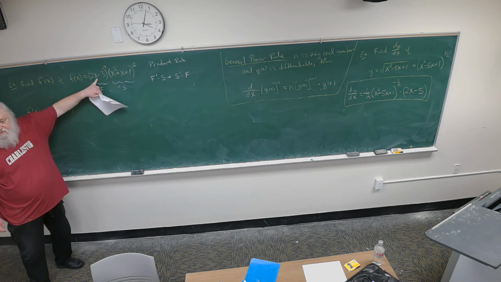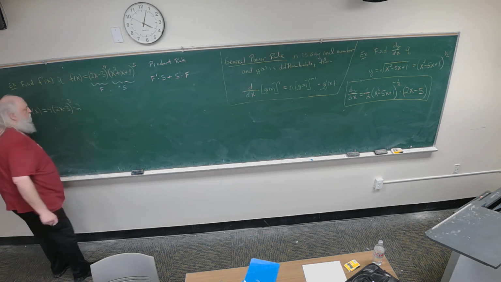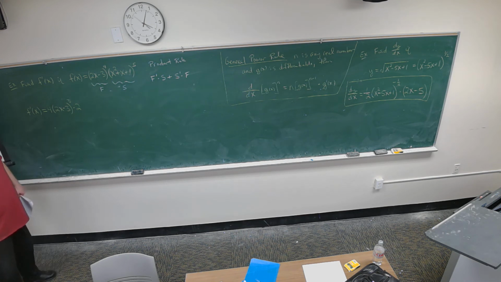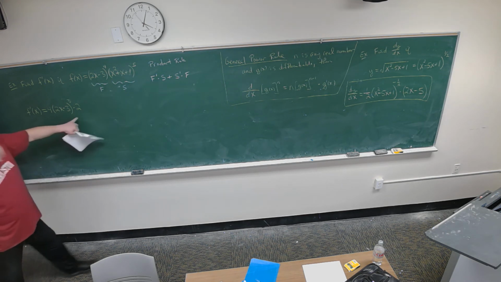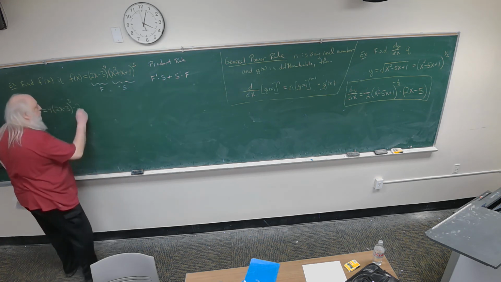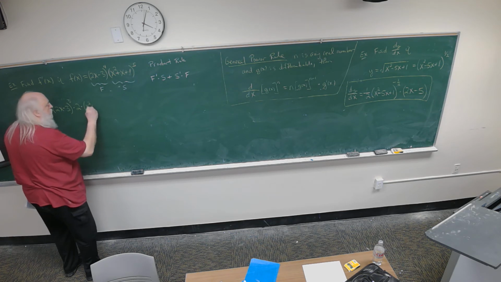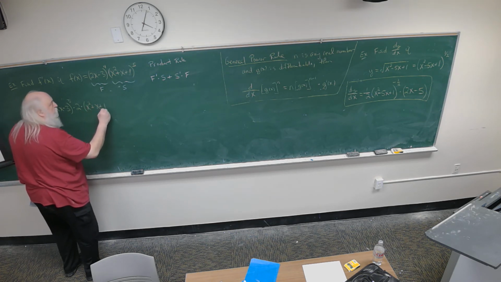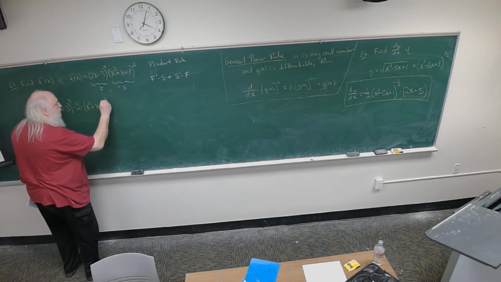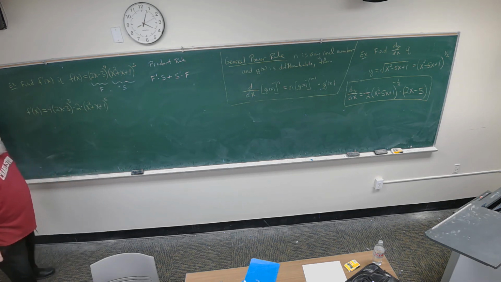Derivative of 2x is 2, derivative of minus 3 is 0. Then multiply that by the second function, (x squared plus x plus 1) to the fifth. So that's the first half of the derivative.